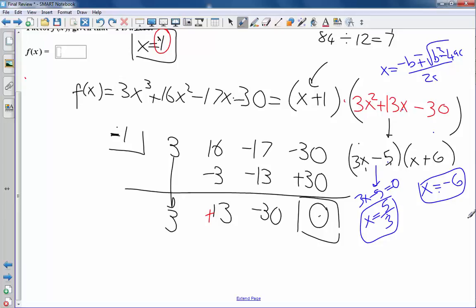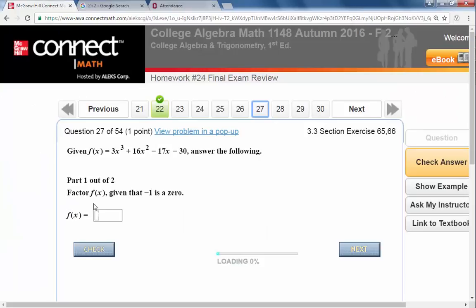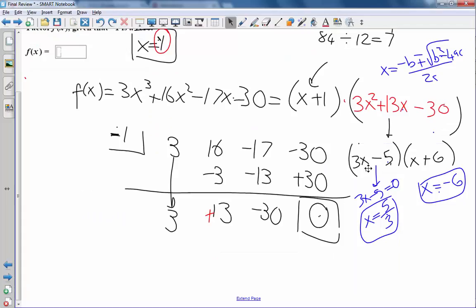Any questions? So we got all three zeros, and now we need to factor them. Oh, they didn't want the zeros actually. They just wanted the factored form. We did it, right? So they want this part exactly plus that part.